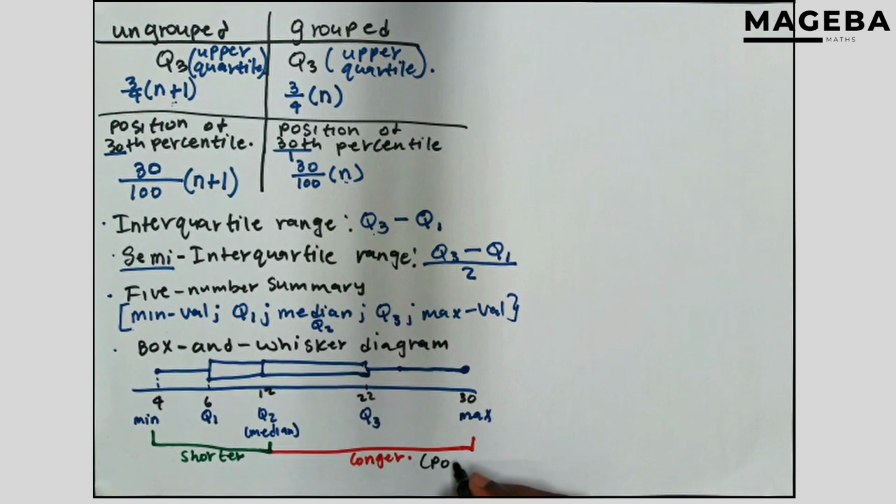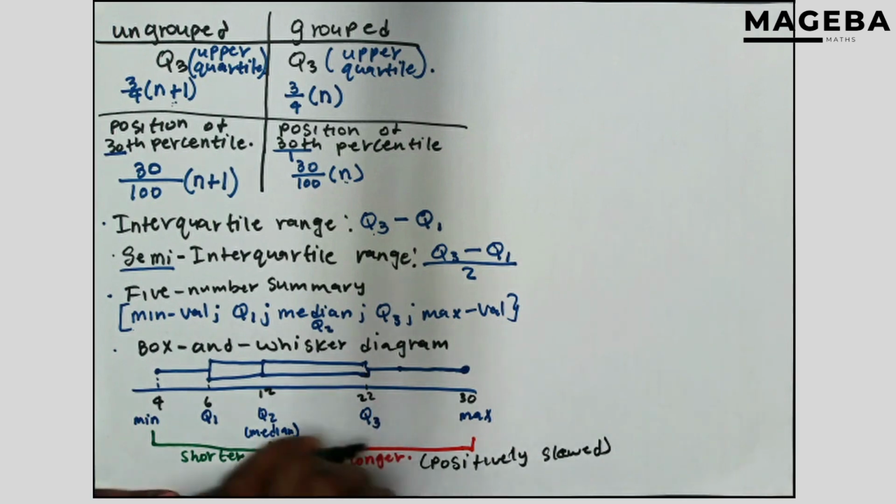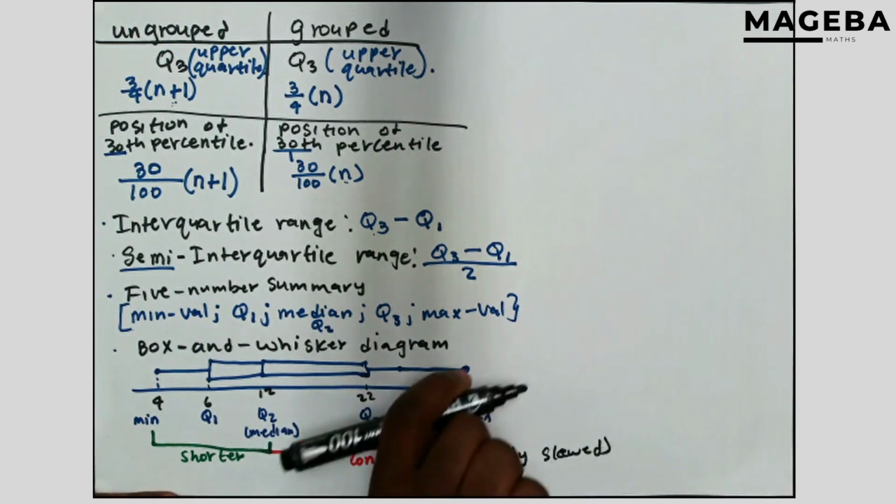So we say it is positively skewed. Positively skewed, because it's skewed on the right hand side, toward the positive numbers.